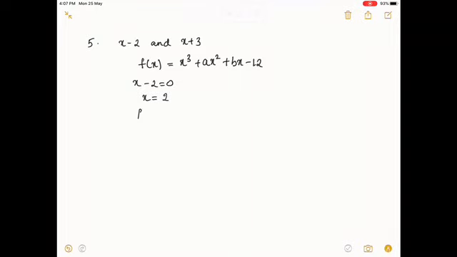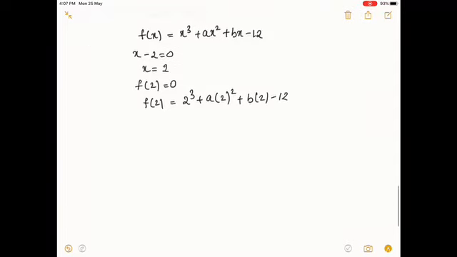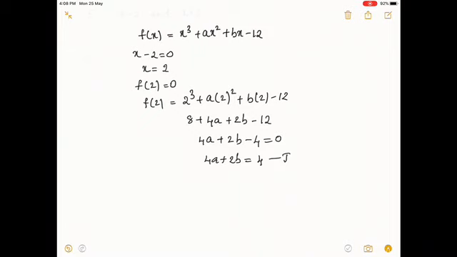Since x minus 2 is a factor, we can write f of 2 equals 0. f of 2 will be equal to 2 cube plus a into 2 square plus b into 2 minus 12. 2 cube is 8. 8 plus 4a plus 2b minus 12. 8 minus 12 equals minus 4, so 4a plus 2b minus 4 equals 0. 4a plus 2b equals 4. It's our equation 1.